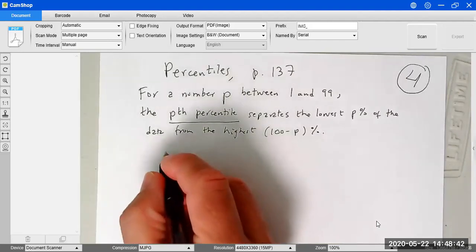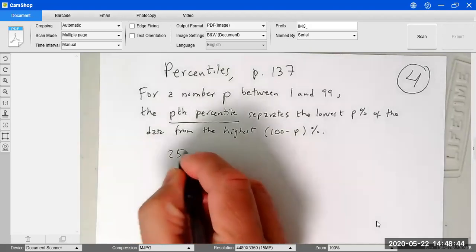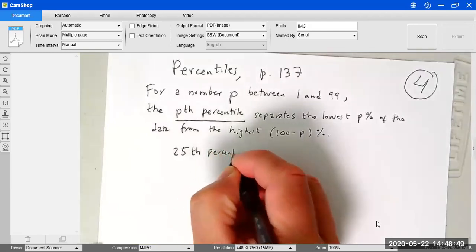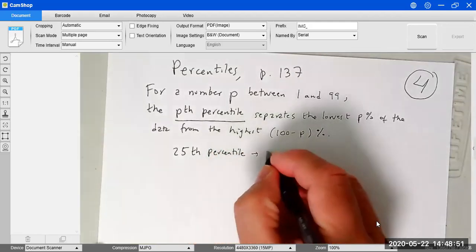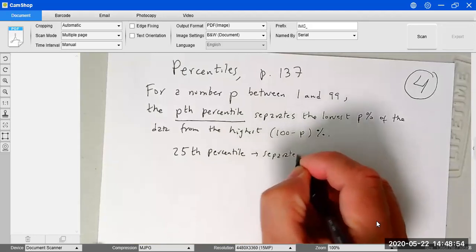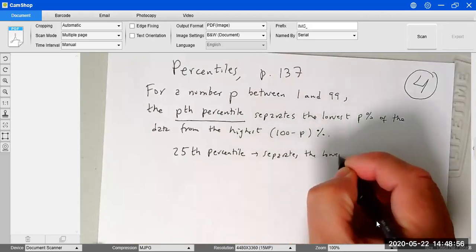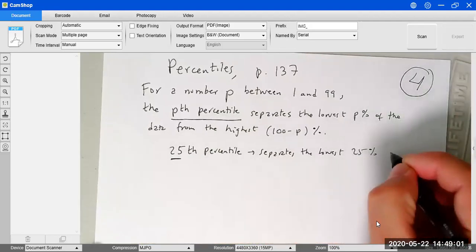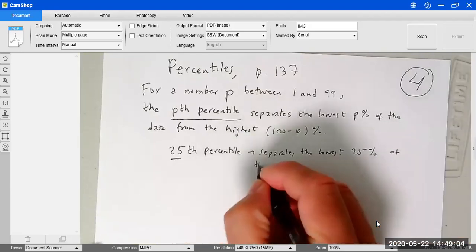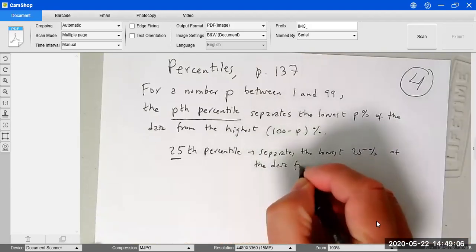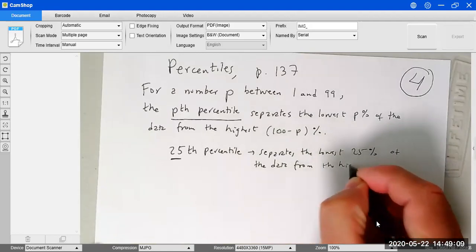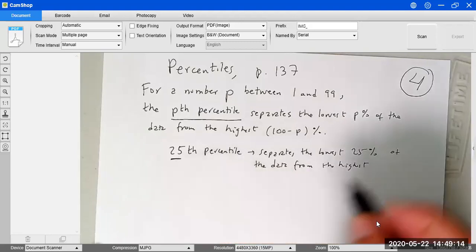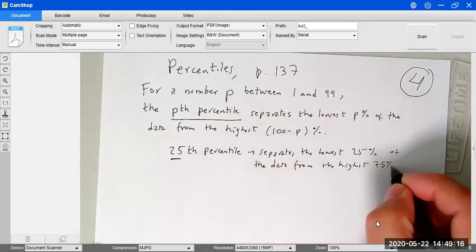So for example, we might have some percentiles. So let's say the 25th percentile separates the lowest 25%, this is p, 25% of the data from the highest, and then we do 100 minus p. 100 minus 25 is going to be 75%.